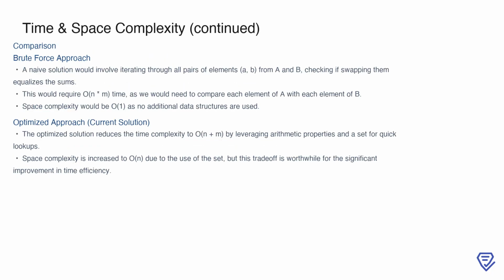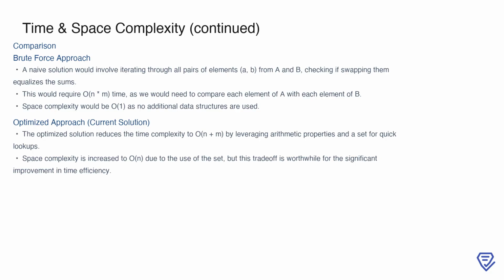To put the current solution into perspective, we can compare it with a brute force approach. In a naive solution, we would iterate through all pairs of elements from A and B, checking if swapping them equalizes the sums. This involves comparing every element of A with every element of B, leading to a time complexity of O(n*m).